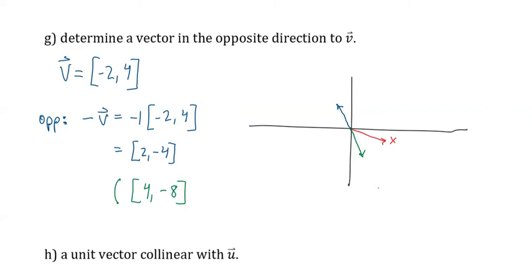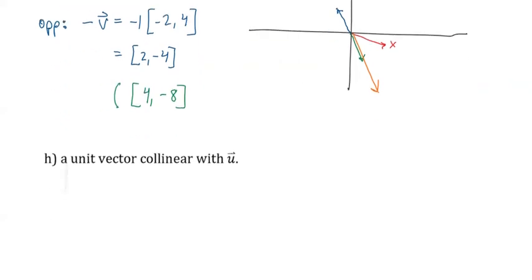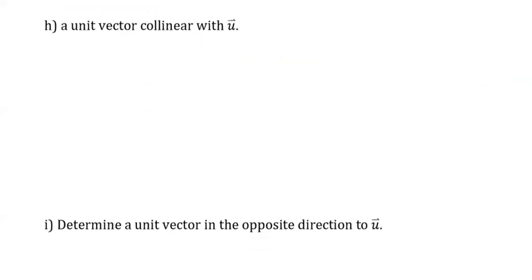Okay, a unit vector. Oh, this is a tricky one. This is another one where it's actually not that hard, and it's something you could memorize, but a lot of people don't, and then they don't know what it's asking and leave it blank on a test. A unit vector that is collinear with vector u. So if we recall, vector u is 3, negative 5. And we already came up with the magnitude of vector u. I'm going to write this over here, actually.